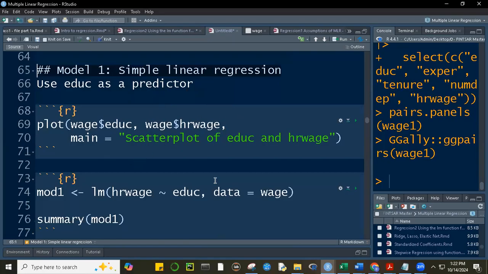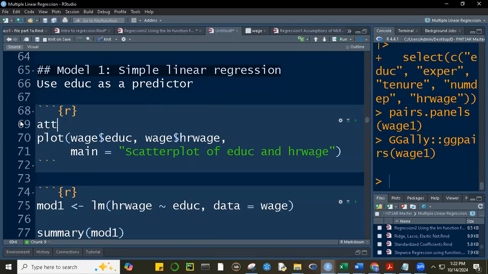So here we're plotting it first. If I attach wage here, we can plot already without identifying the wage. R will understand this. Attach wage and then plot. The first one will be your x-axis, and the second one will be your y-axis. The title of the plot is scatter plot of education and hourly wage.